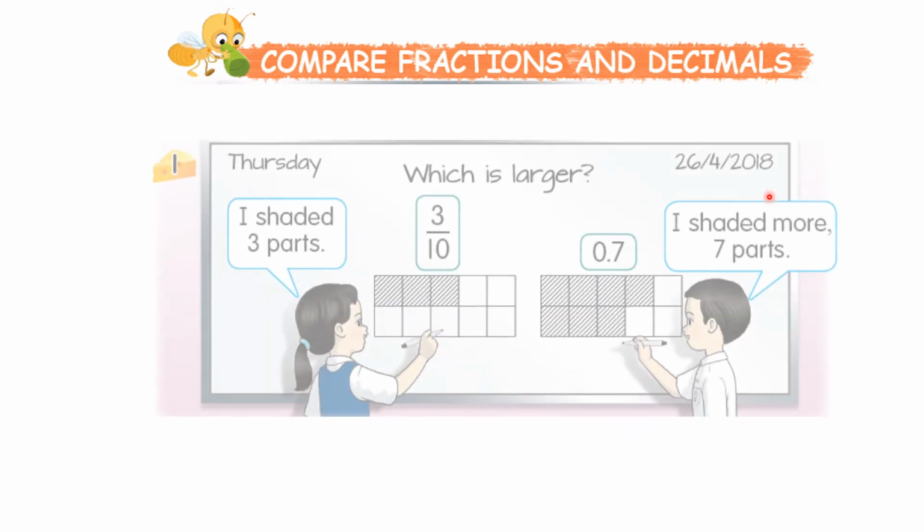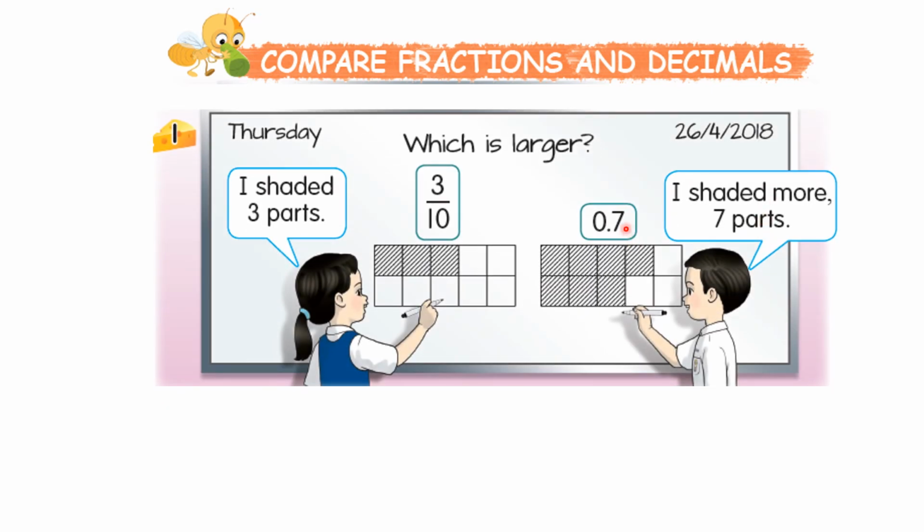Now we go through our next subtopic, compare fractions and decimals. Look at the example here. There is a girl and a boy. The girl says, I shaded 3 parts, 1, 2, 3, and it is written in fraction 3/10.